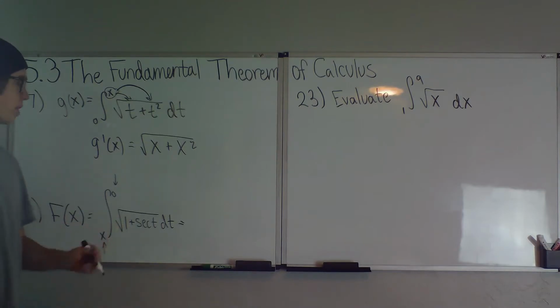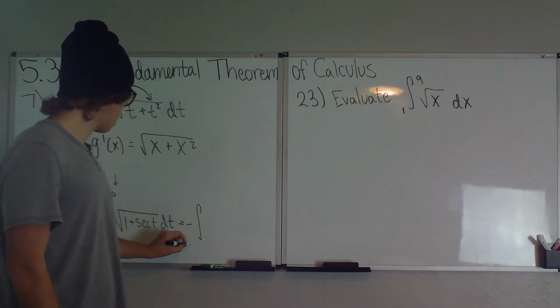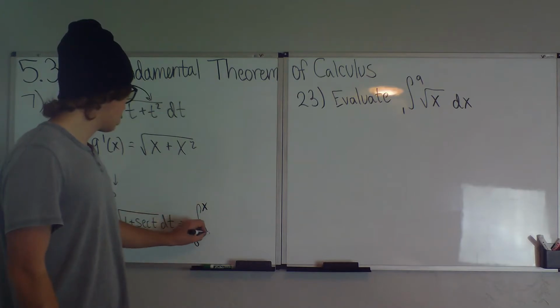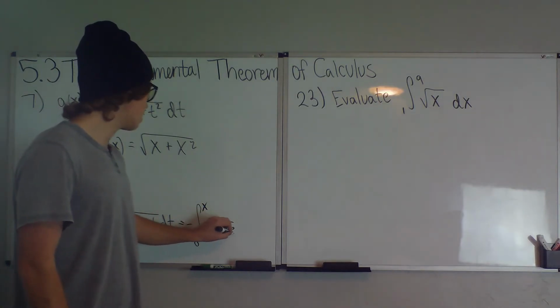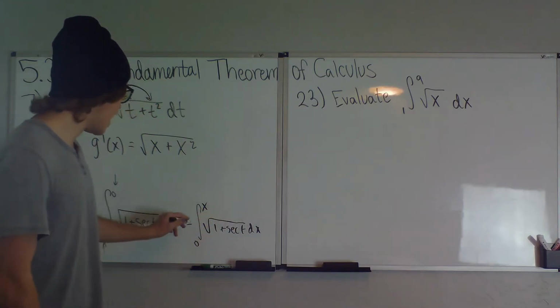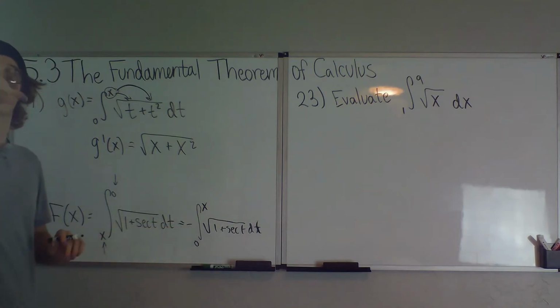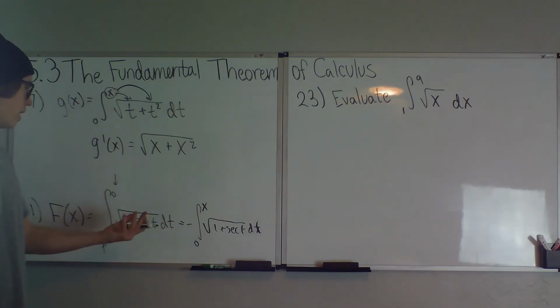Well, we know a property from last video, I believe, that this is equal to the integral from 0 to x of the square root of 1 plus secant t dt, right? And then we just make it negative. We throw a negative in front because we're swapping the bounds.